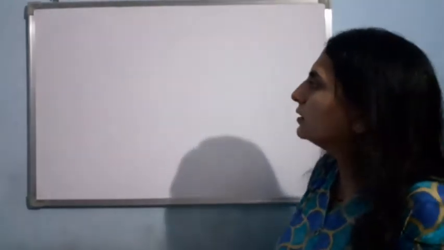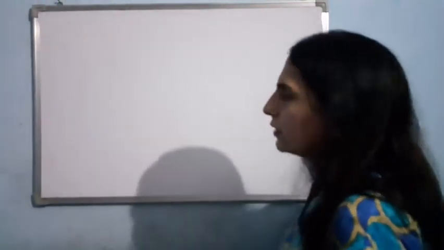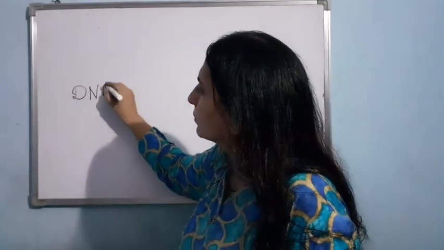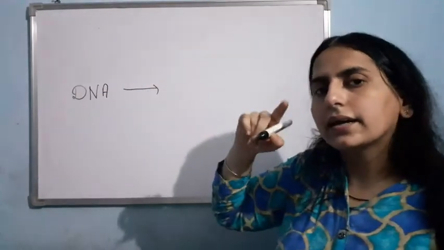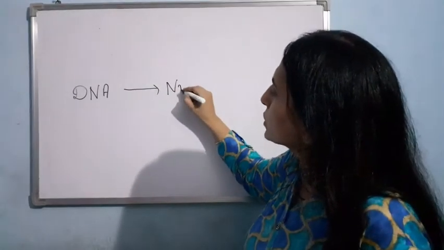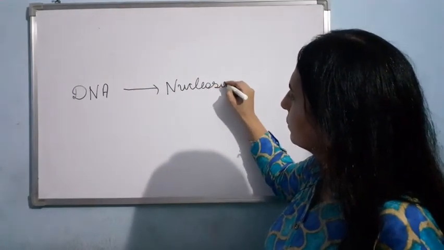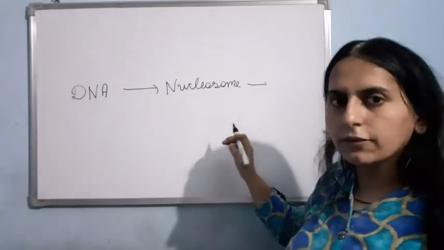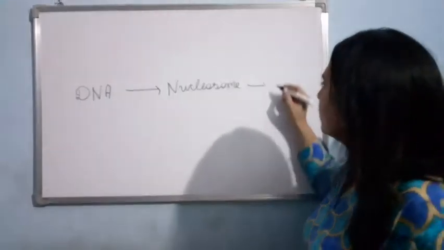Now if I make a rough diagram, what is happening? We had DNA. DNA gets arranged to form the nucleosome. Different nucleosomes that I told you about, first, second, third, will join together with the help of the linker DNA and form the chromatin fibers.